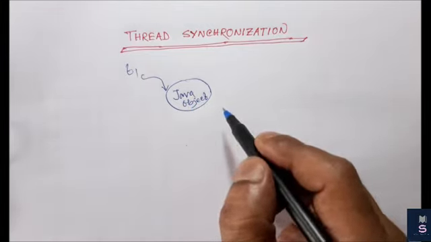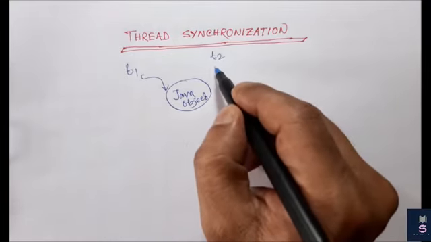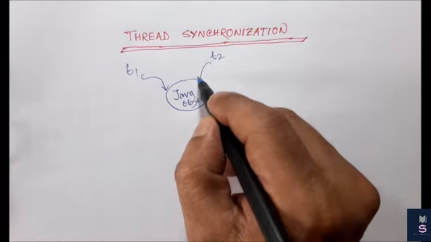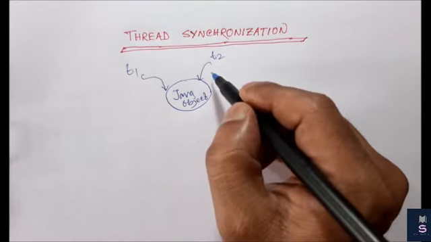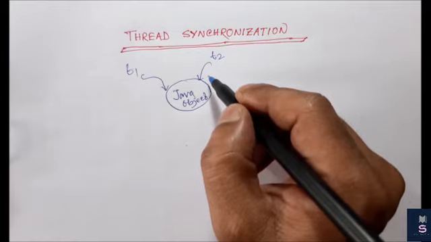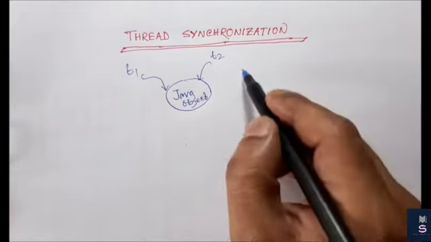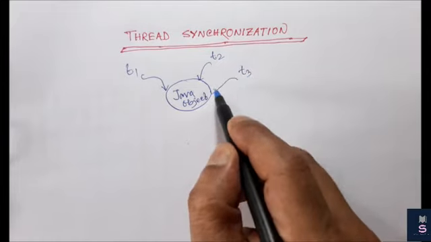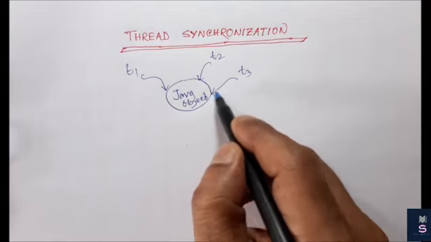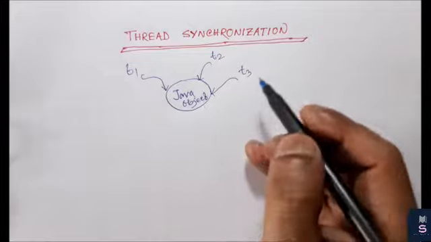file. At the same time some other thread, for example T2, is going to access the same Java object and wants to perform some operation like deleting some data from this file, and T3 is another thread going to access this Java object and wants to perform some normal operation.